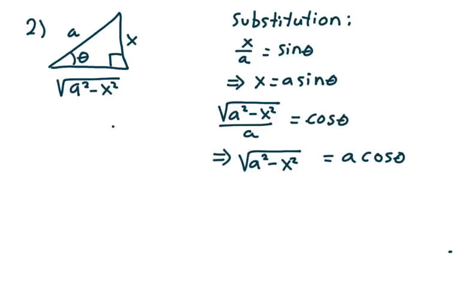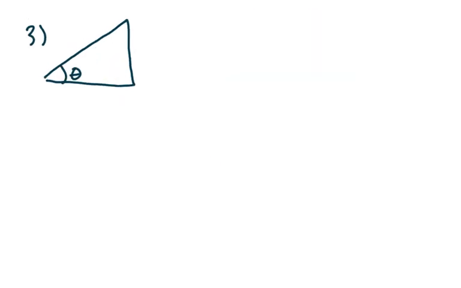Suppose I have a right triangle. Here's angle theta. Notice how a was the hypotenuse. Well, what if x was the hypotenuse, the side adjacent to angle theta is a, and the opposite side is the square root of x squared minus a squared?